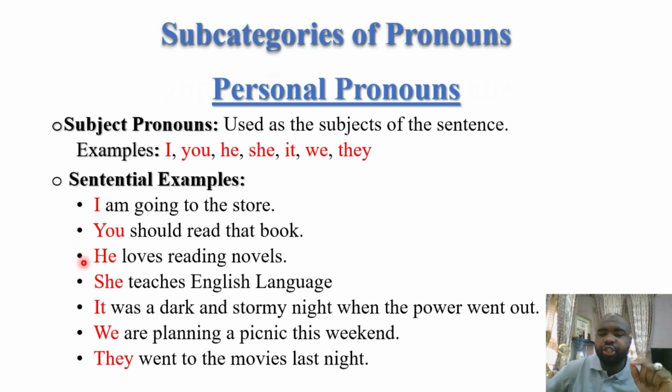He loves reading novels. Instead of using he, you keep using Aminu or John or Samuel or CD. You keep using names instead of he. You see, it becomes redundant. The context will look more congested with names.